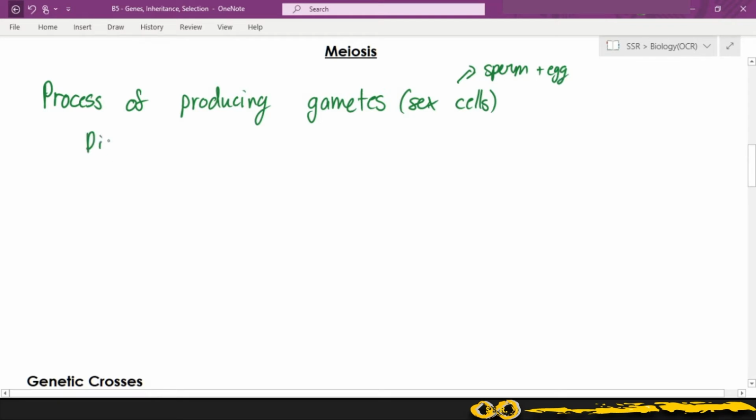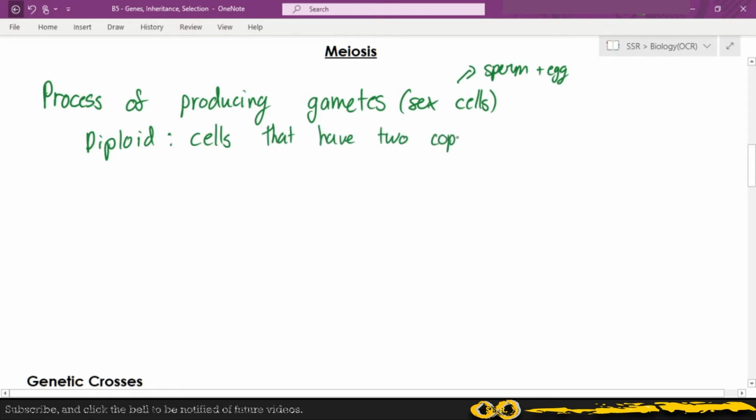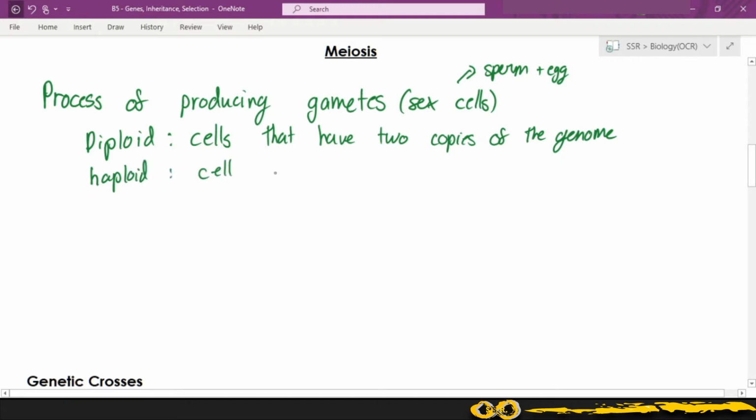Now, there's a few more keywords to learn here, and the first is diploid, which means cells that have two full copies of the genome, versus haploid, which are cells that only have one copy.